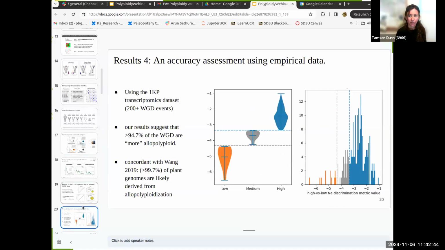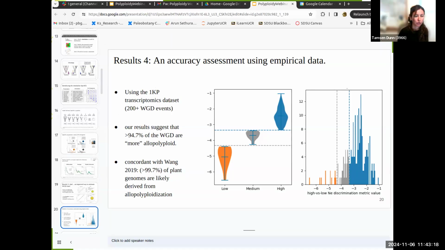And then another thing we wanted to use this model for was, our results indicated that the fatter the tail is, the more diverse those ancestral parents were, the more deep in time that coalescent went. So we looked to see how the shape of those empirical KS distributions from the 1KP data set matched up with our predictions.